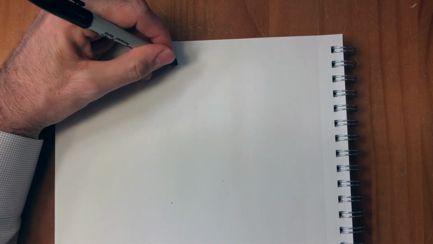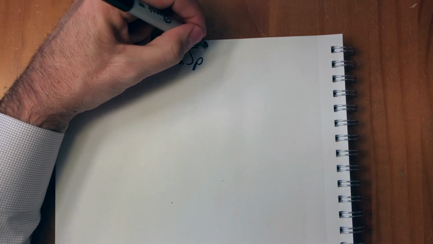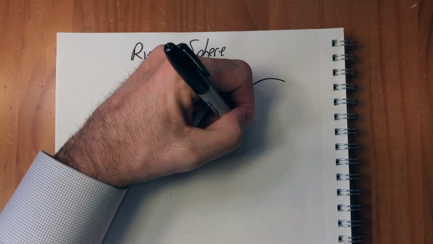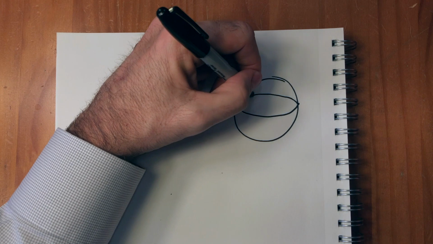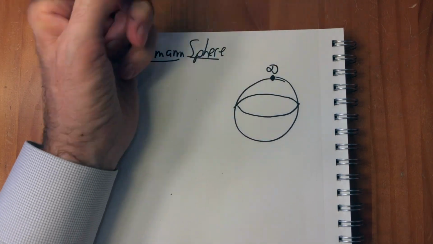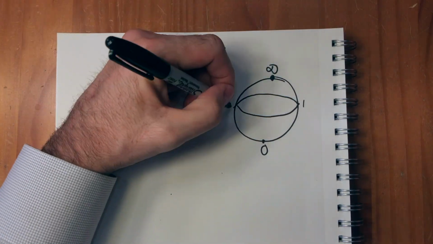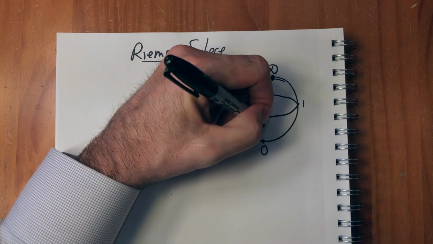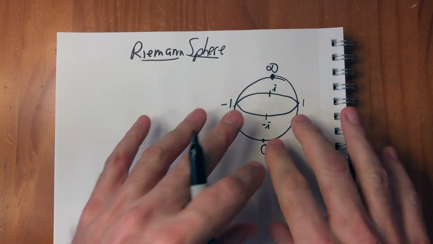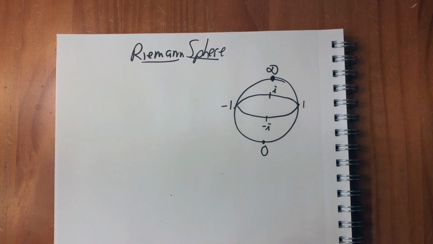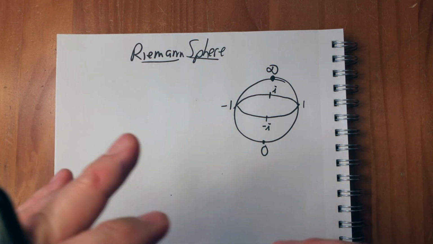Okay, so to show you why, there's two things that I need to introduce. One is called the Riemann sphere. It's a sphere. Up here is infinity, down here is 0, over here is 1, here is -1, here is -i, and back here is positive i. What this is, is just the complex plane with infinity added to it.